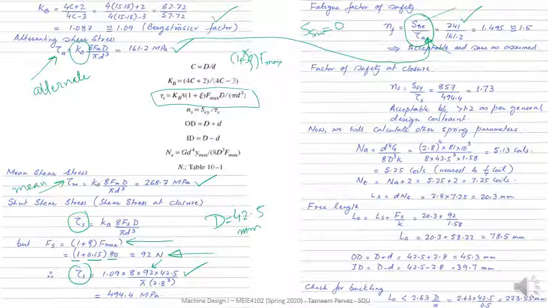So my factor of safety comes to 1.495, and this is what I am assuming.